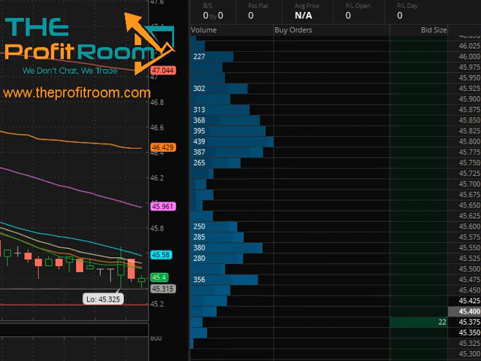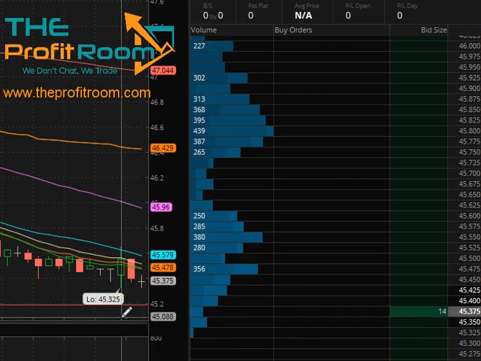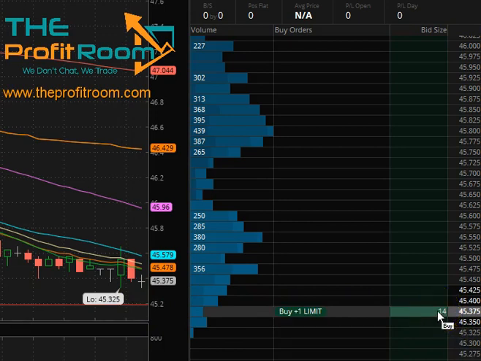So what we can possibly do right now is look for an entry and get some confirmation. It's starting to form a doji, which is pretty good, because we know a doji shows a sign of a little indecision.